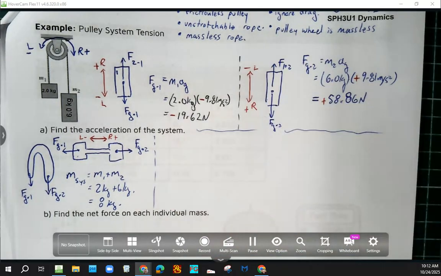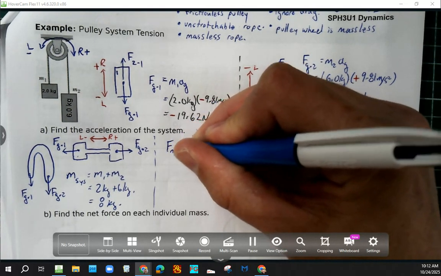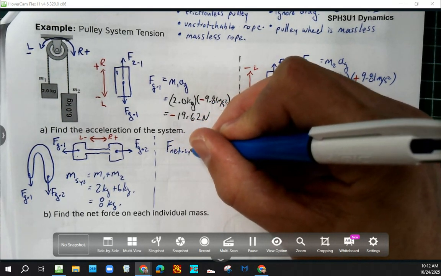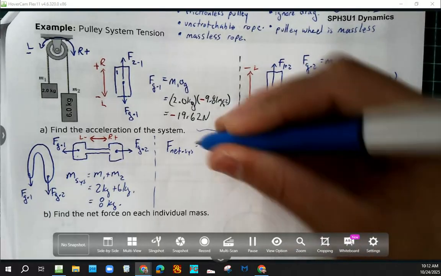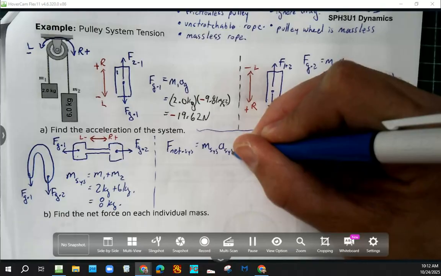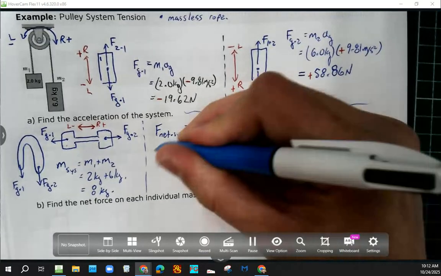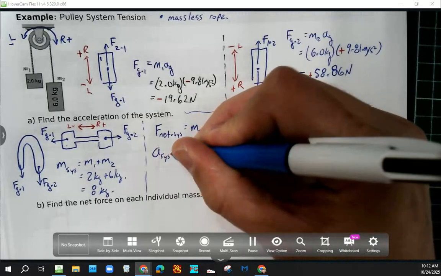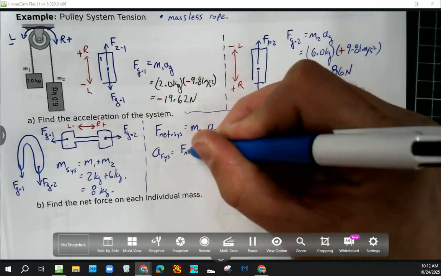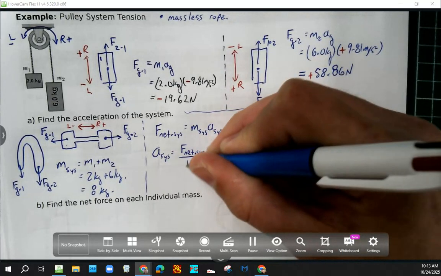But we can say, if I want to find the acceleration of the system, we always fall back on Newton's second law. F net for the system, F net acting on the system, is equal to the mass of the system times the acceleration of that system. Remember, I'm trying to find the acceleration of the system. If I isolate to get acceleration of the system all by itself, then that's F net sys divided by the mass of the system.